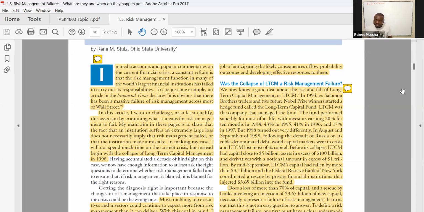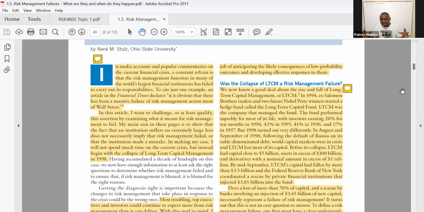But remember, the reason why I'm saying you don't have to remember the specific information is because if they bring this question in an exam or in an assignment, they have to give you the case study. Then after giving you the case study, using the information that you've now learned in study unit 1.5, you're going to be applying it on the case study, which means that you don't necessarily have to remember this case study in detail.